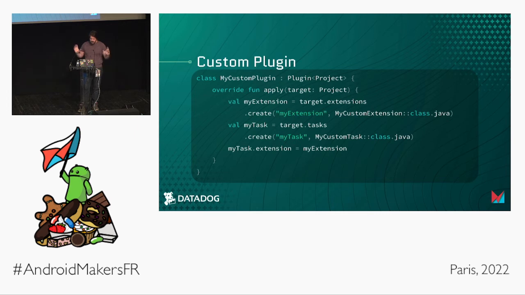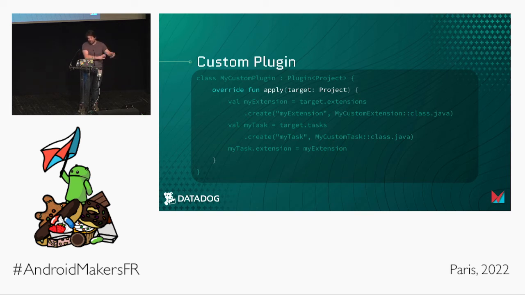And finally, to tie it all together, you can write a custom plugin, which is going to extend the plugin class, and then you just need to override the apply method, which takes the project. So the empty project that's created by Gradle at the beginning of the run is going to be passed into your plugin, and there you can say, okay, on this project that you give me, I'm going to create a new extension, which is going to be implemented by my custom extension class, and it's going to be named my extension.